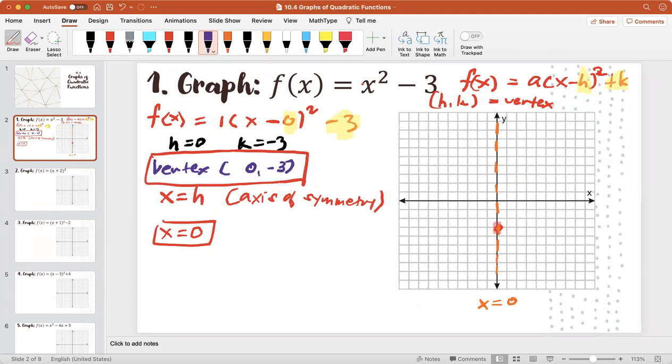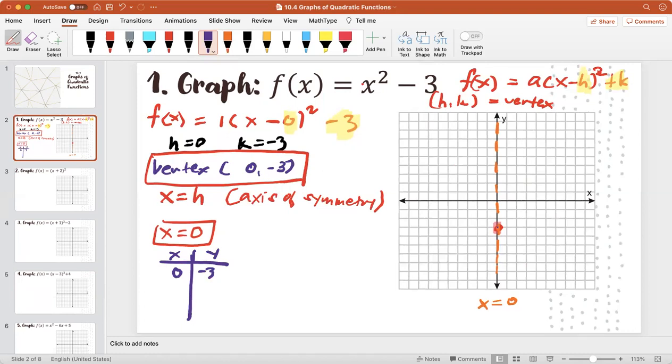Let's now find other points. In this table, we can put the first point that we have, (0, -3), which is the vertex here. We need 5 points so that we can graph a parabola accurately.